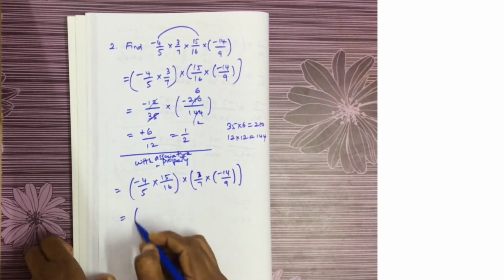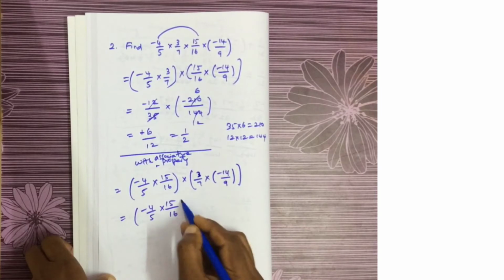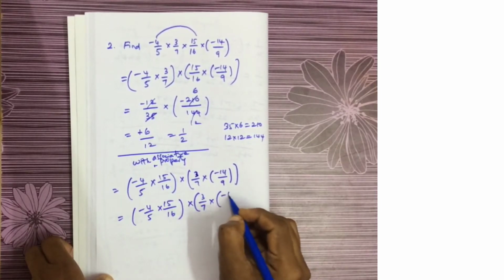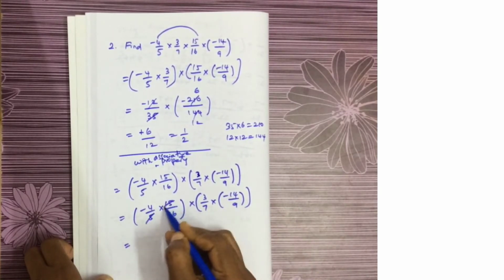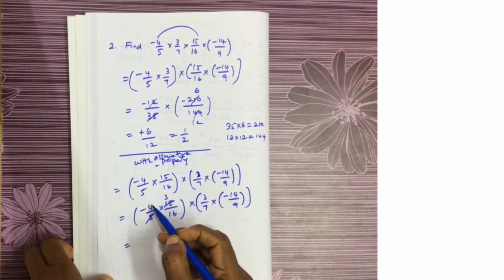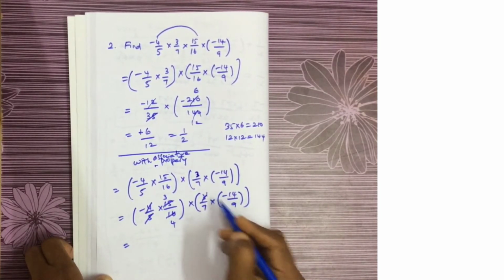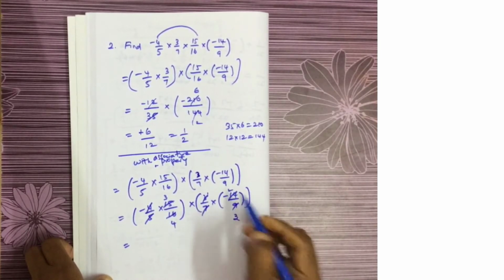Okay, I am repeating: minus 4 by 5 multiplied by 15 by 16 multiplied by 3 by 7 multiplied by minus 14 by 9. So 5 ones are 5, 5 3s are 15, 4 ones are 4, 4 4s are 16, 3 ones are 3, 3 3s are 9, 7 2s are 14.